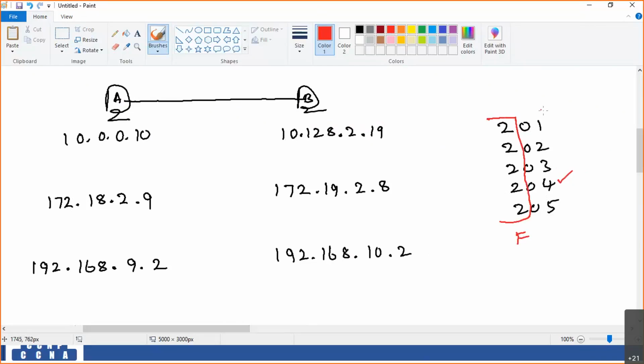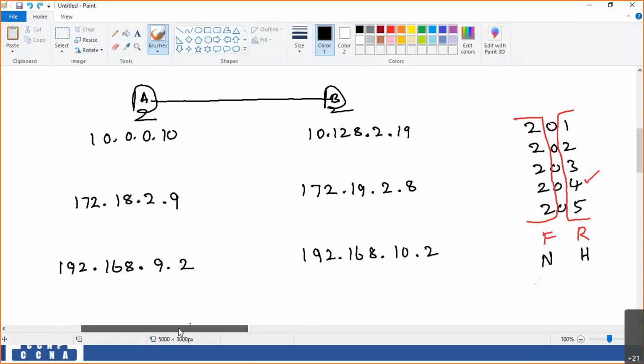Floors. What do 1, 2, 3, 4, 5 indicate? Flats, rooms. Similarly, floors are nothing but your network portion and rooms are the host portion. To enable communication between all devices in the LAN, all devices should be on the same floor, I mean the same network portion.